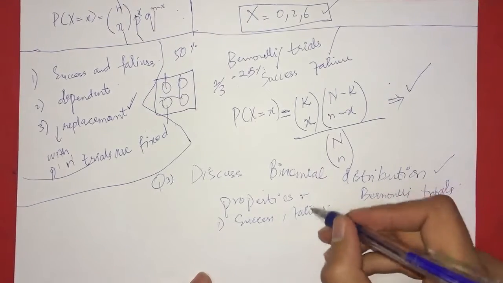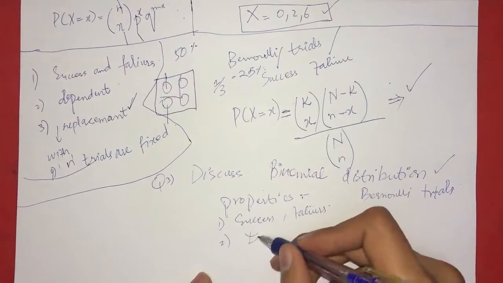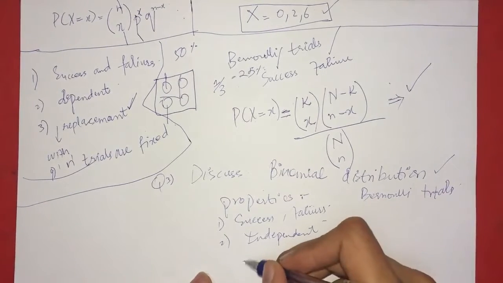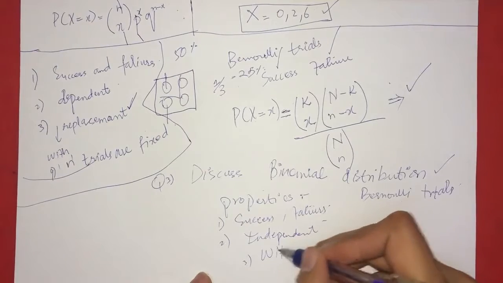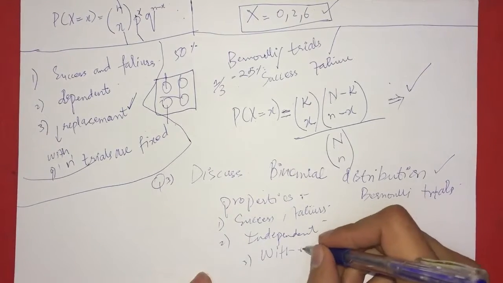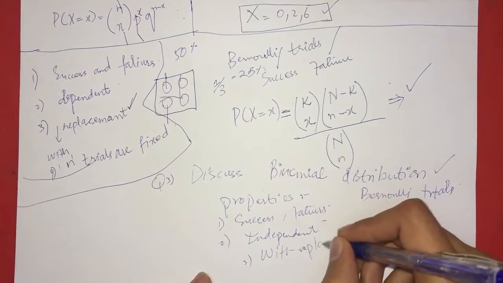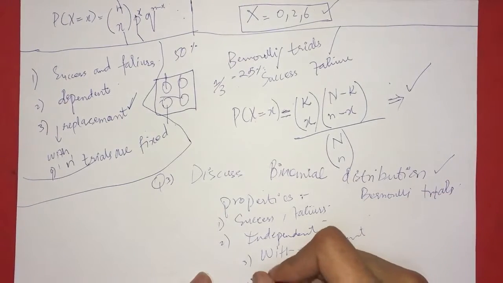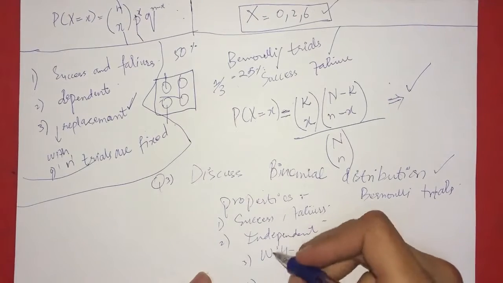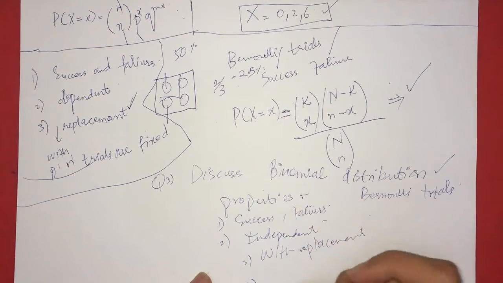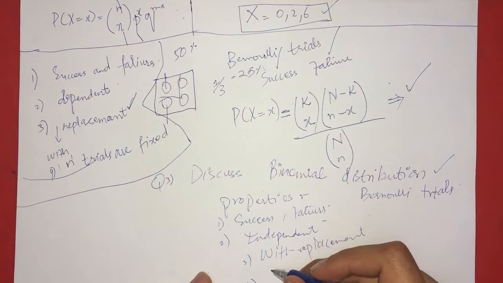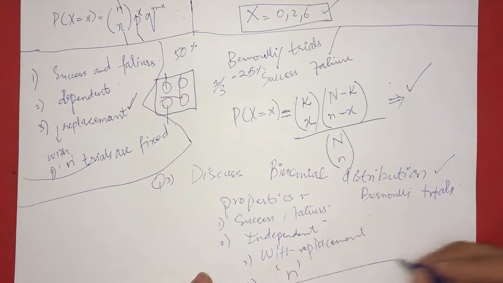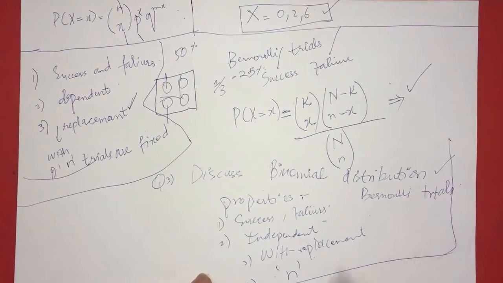Number 2, the experiments are independent, which is the main difference. Number 3, it is with replacement, and in the hypergeometric case you had the experiments without replacement. And number 4, the number of experiments is fixed, so you perform the experiment n number of times. So that was pretty much it about this question.